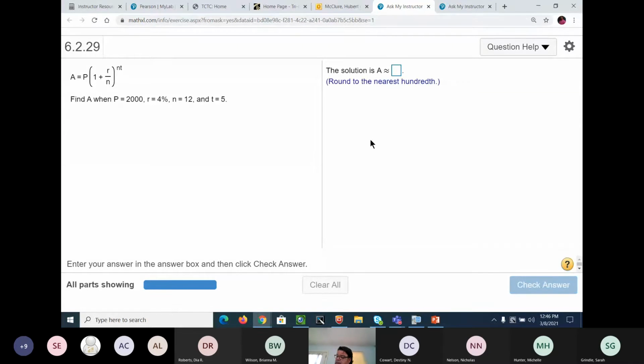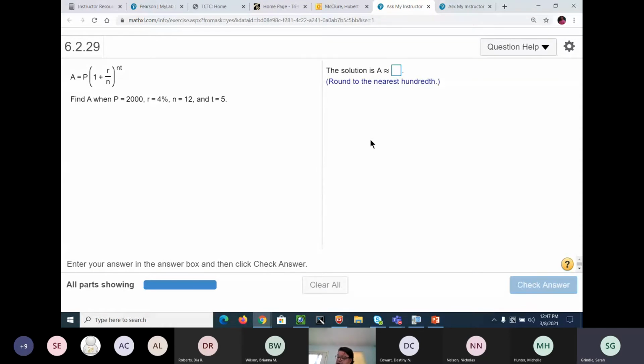R is equal to the rate. That means what the bank does. It's usually a percent. You want to put it in as a decimal. N is number of times the bank calculates. They call it compound. Calculate and compound is the same word.